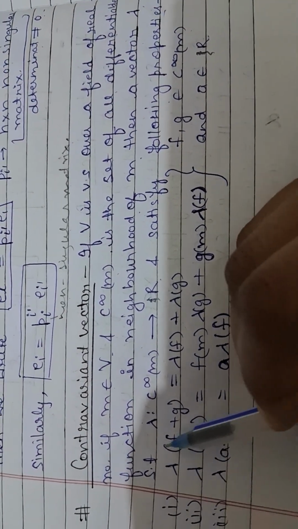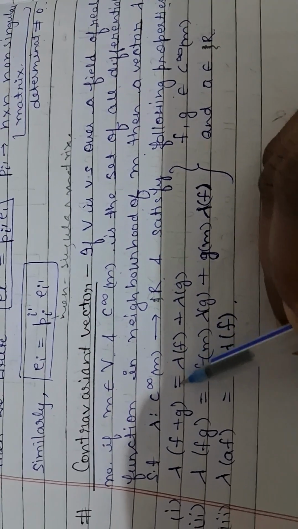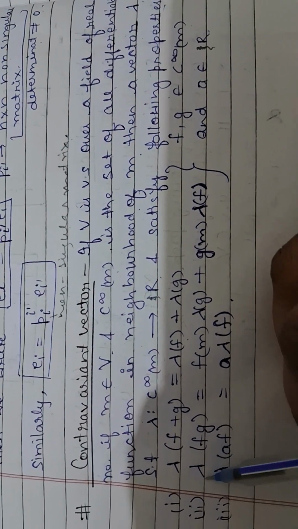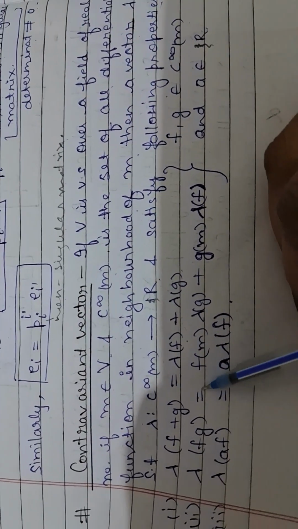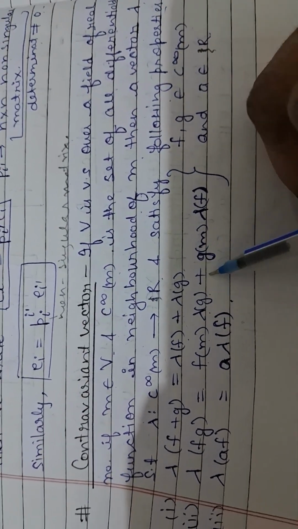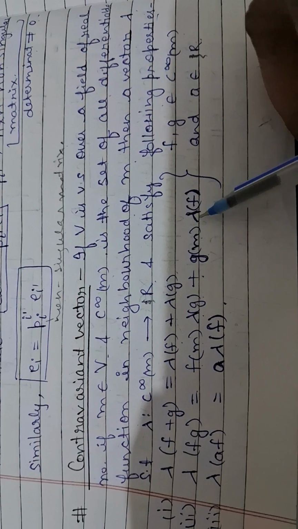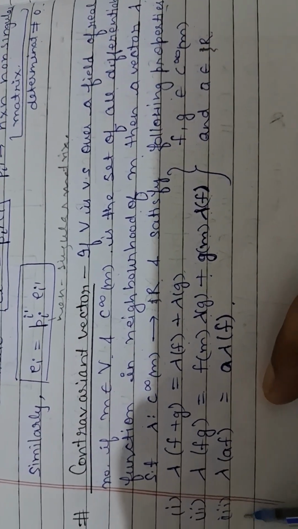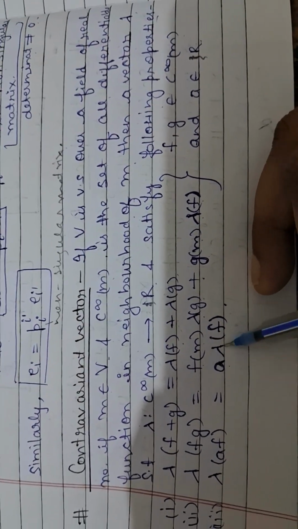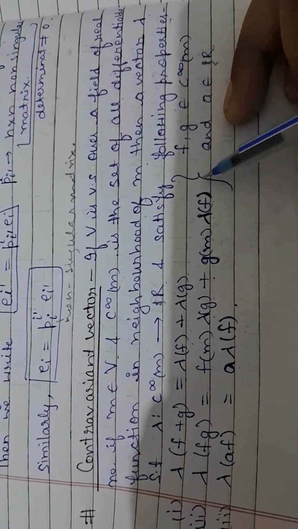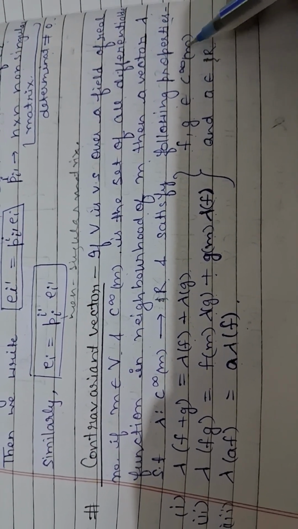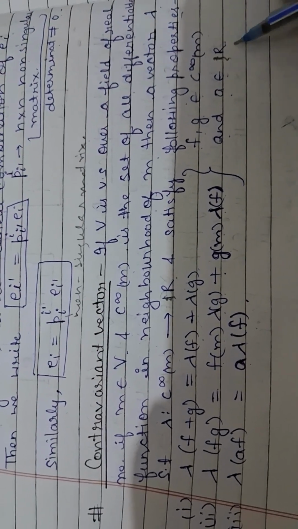First, lambda of (f plus g) is equal to lambda of f plus lambda of g. Second, lambda of (f g) is equal to f of m into lambda of g plus g of m into lambda of f. And third is lambda of (a f) is equal to a lambda of f, such that f, g belong to C infinity of M and a belongs to R.